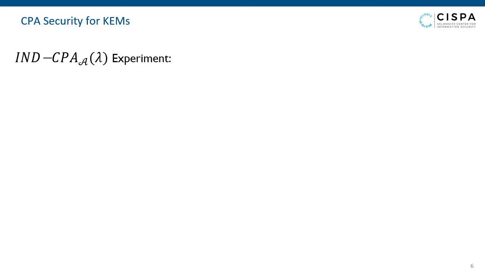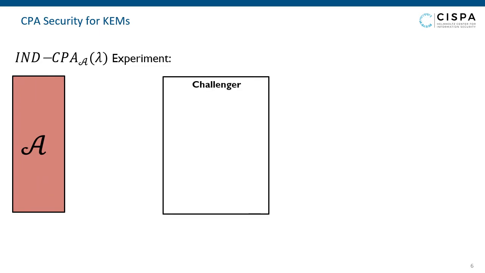In terms of security, we will define chosen plaintext security for key encapsulation mechanisms similar as for public key encryption. So the IND-CPA experiment for KEMs is defined as follows. As always, we have an adversary A and a challenger. Now the challenger generates a pair PK-SK of public and secret keys for the KEM.